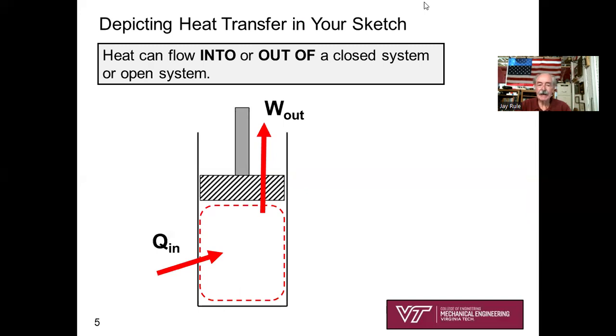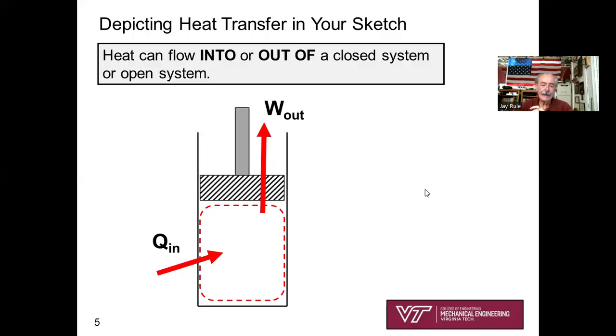So back to thermo problems and the good old tried and true example, the piston and cylinder. Let's say you've got a problem associated with a piston, with the closed system contained within the piston and cylinder shown with the dashed line, and you want to depict heat flow into that closed system. I've shown it as a big fat arrow, labeled it Q in.